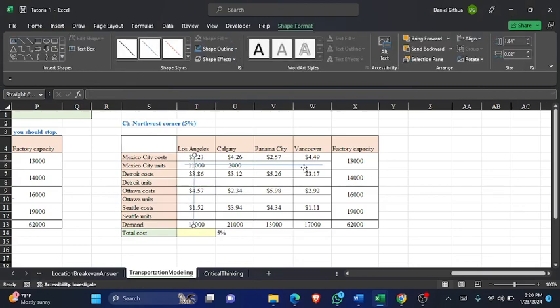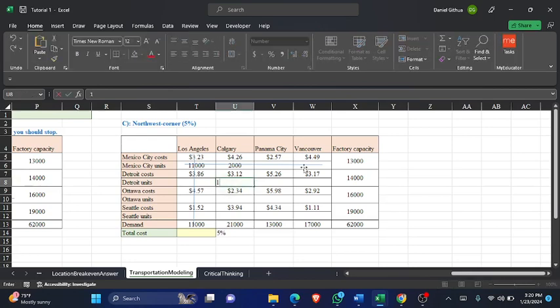Then we go to the next one, 312. We have 3,000. Do you have 2,000 here? You see this is 2,000 and the demand is 21,000 and the factory capacity is 14,000. So because the demand is higher than the factory capacity, we'll put 14,000 units here, because that is the factory capacity.